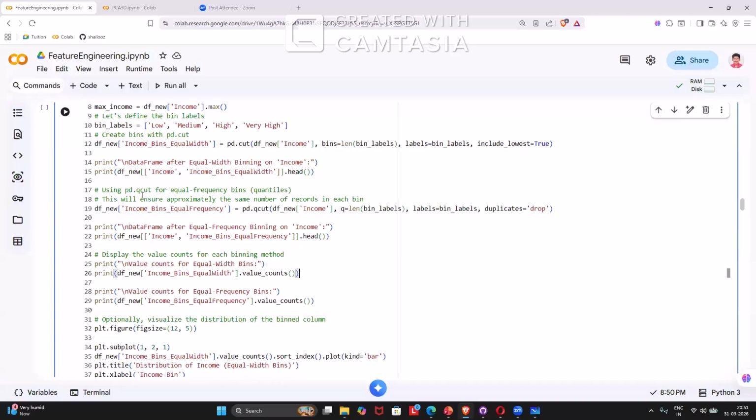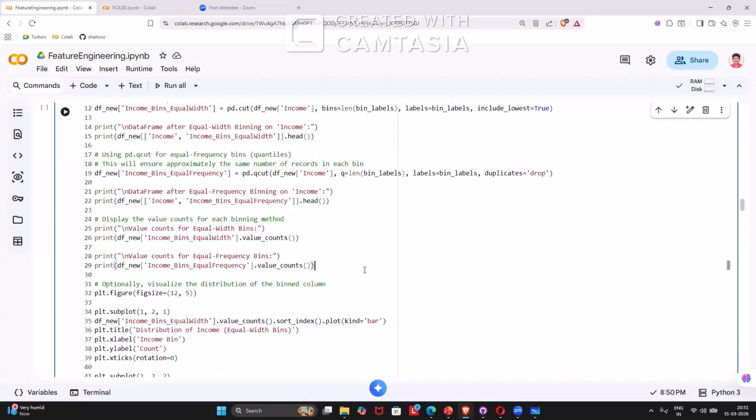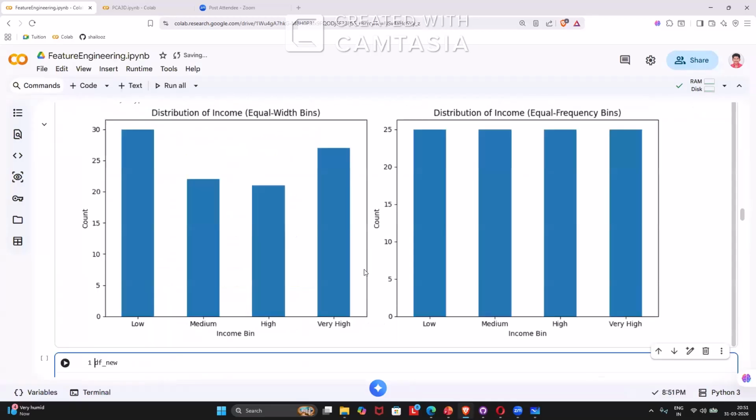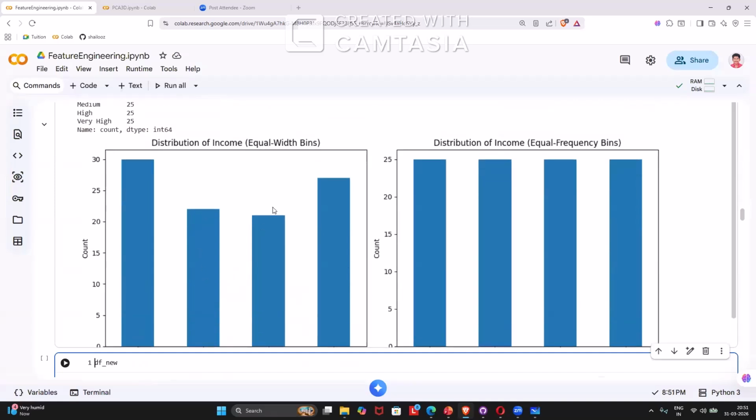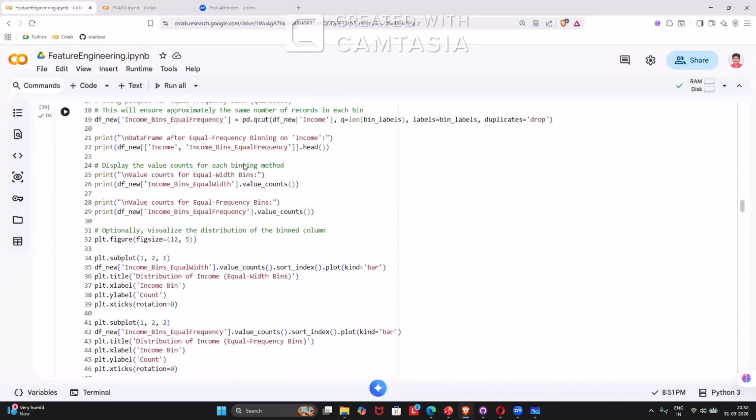See, this is actually called quartile cuts, Q cut. Q cut is based on the frequency of each bin. We divide the entire range into varying slabs, but the frequency must be equal in each. That is Q cut. You can see the results here. In simple cut, it is the entire range.